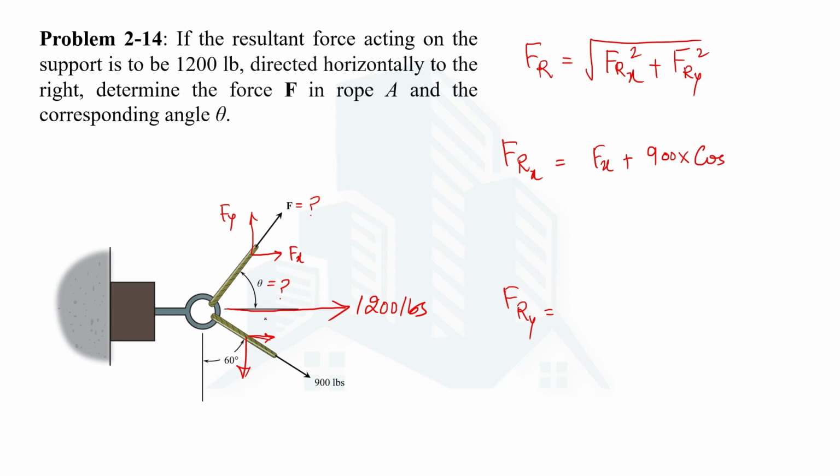In this case, it's not directly given, but we can determine this will be the angle and that will be 30 since this is 60. So cos 30. Similarly, the Y component will be Fy, this one, since it's directed upwards, so it should be positive, and in this case it should be negative since it is in the downward direction. So 900 multiplied by, not cos in this case, but sine 30.